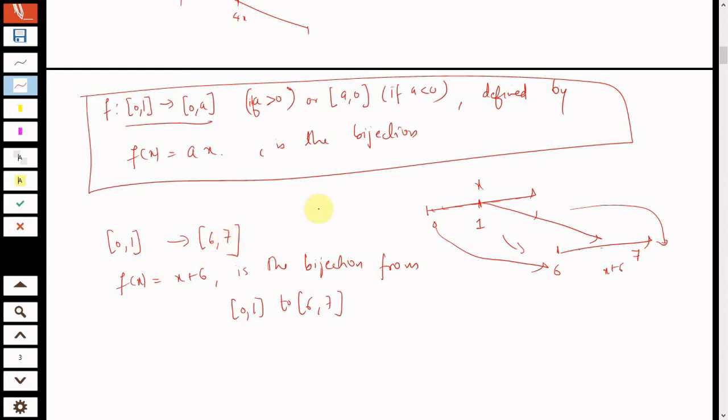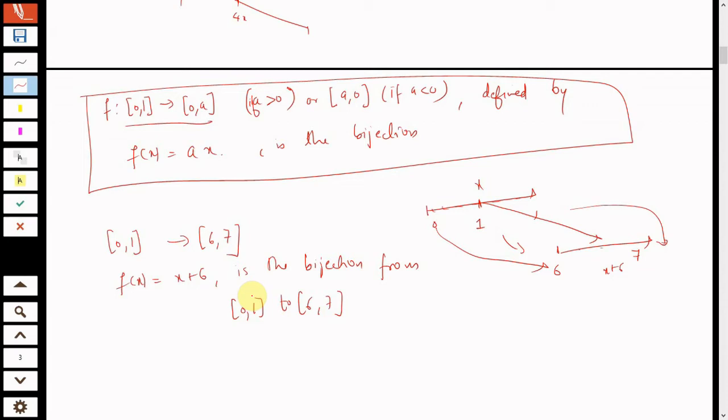This is not of the form of a closed interval 0 comma a or a comma 0. So in that case you are increasing the length of the codomain as well as translating by a certain number. That is the whole idea.